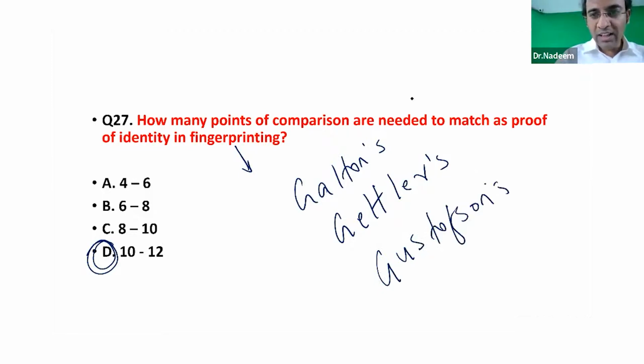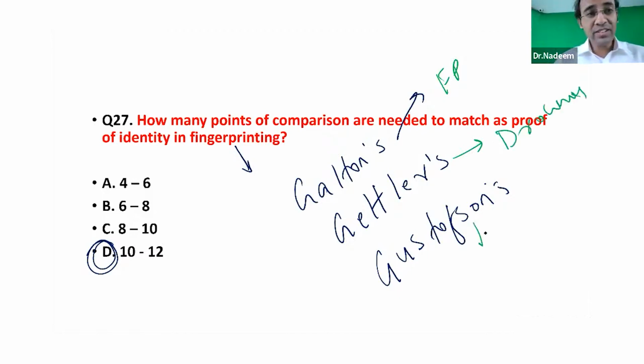Where do you see Galton's test? Fingerprinting. Where have we learned about Gettler's test? Drowning. Where have we seen Gustafson's test? Age estimation by teeth, dentition. Okay, all these are frequently asked questions.